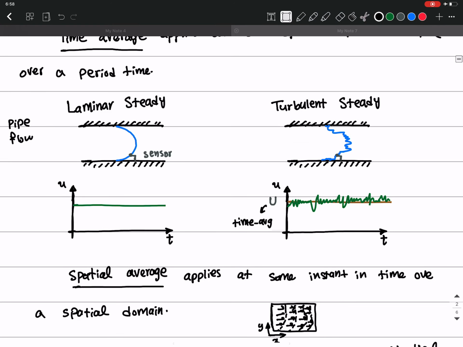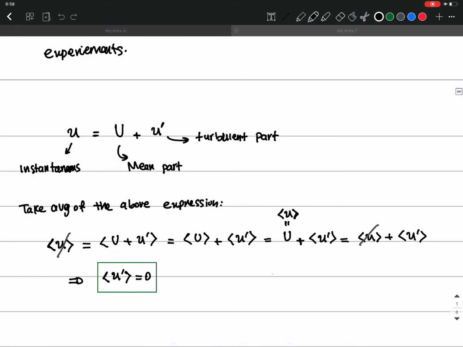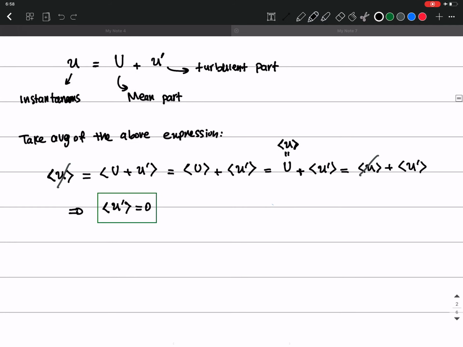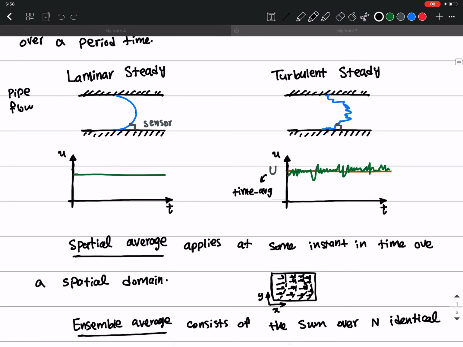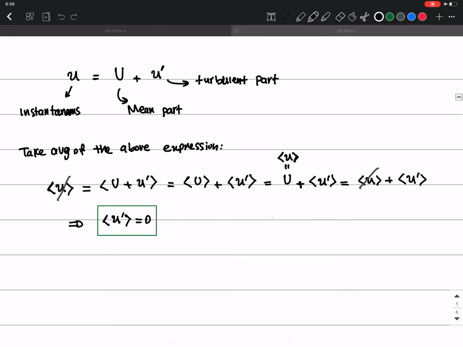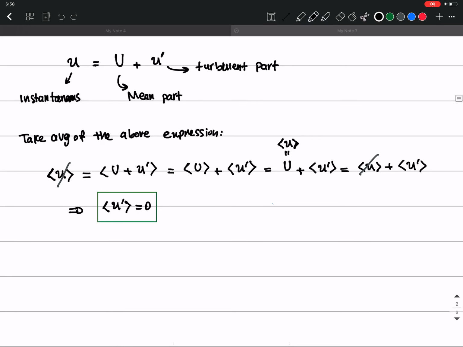If you have a lot of data and take the average of these fluctuations, it is going to be 0. Sometimes u prime is positive, sometimes negative, but when you sum them all and take the average, they become 0. Okay.